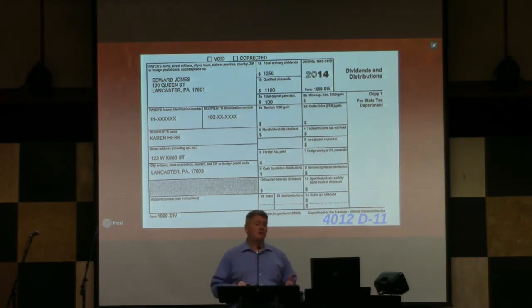What we'll see on box 1B is going to be this area called qualified dividends. As long as the taxpayers held dividends for a specific period of time, either before or after the dividend declaration date, what this becomes is a qualified dividend. It actually entitles them to a special tax rate. Qualified dividends are going to be taxed at either a 0, 15, or 20% rate. But you don't have to do the calculation.